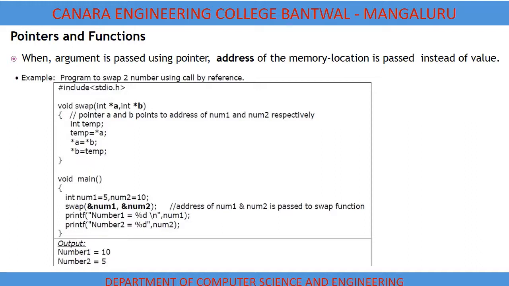Similarly, *b is equal to temp, so whatever the content in temp is copied to *b, which is nothing but the num2 variable, the location where the data will be stored. So the data is interchanged without returning or sending the values. Just by sending the address we are interchanging two numbers using pointers, the pass by reference concept.